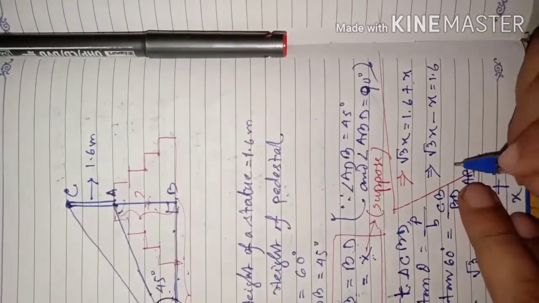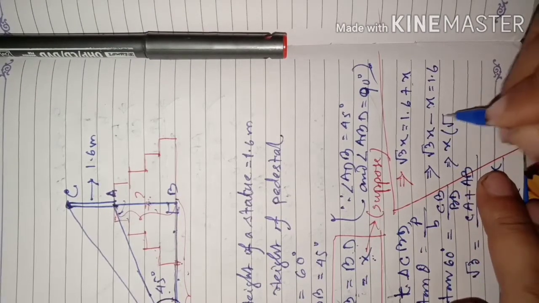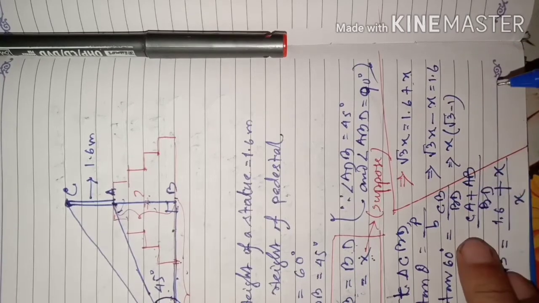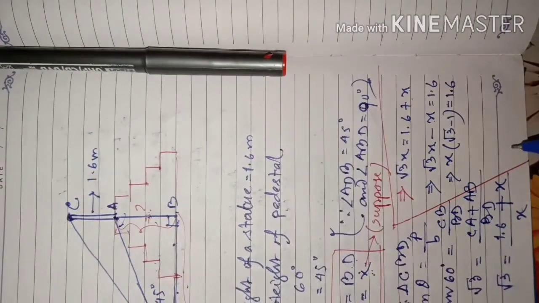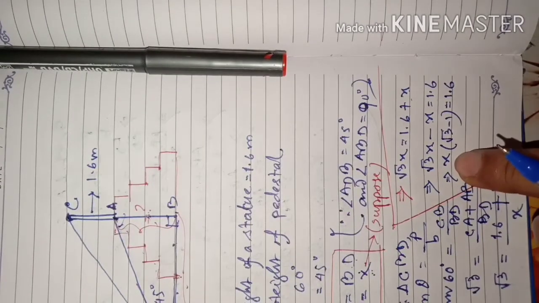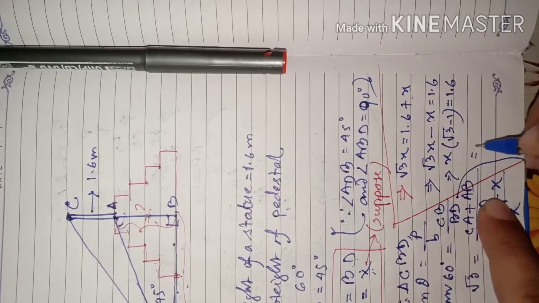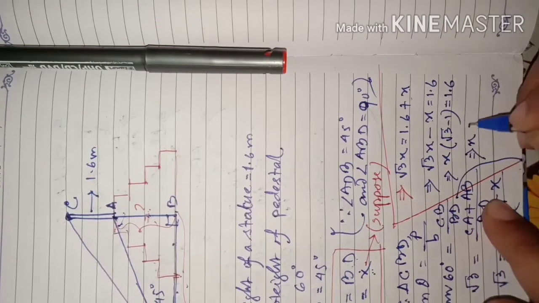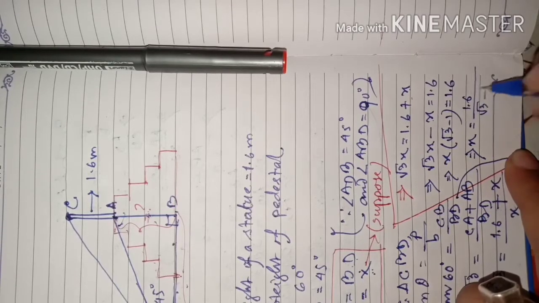Then you take x as a common factor: x into root 3 minus 1 is equal to 1.6. Now we have to extract x, so x is equal to 1.6 divided by root 3 minus 1.